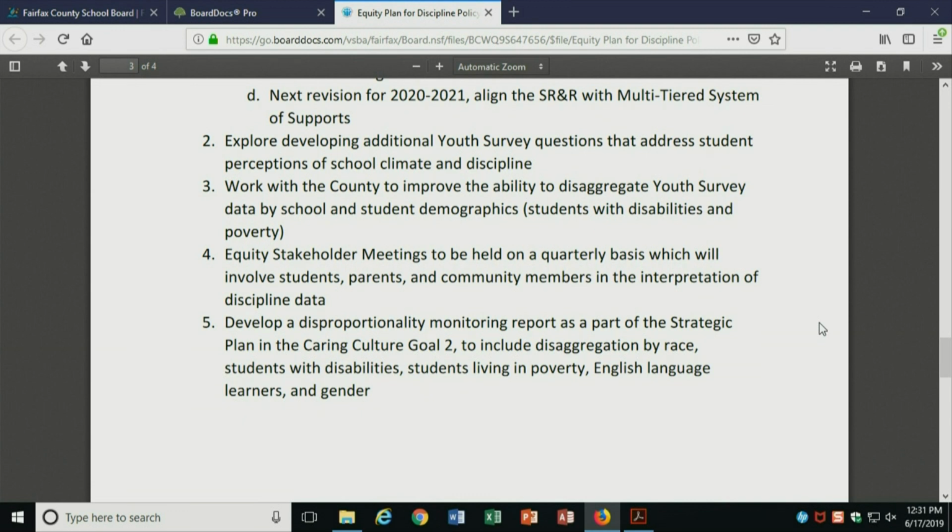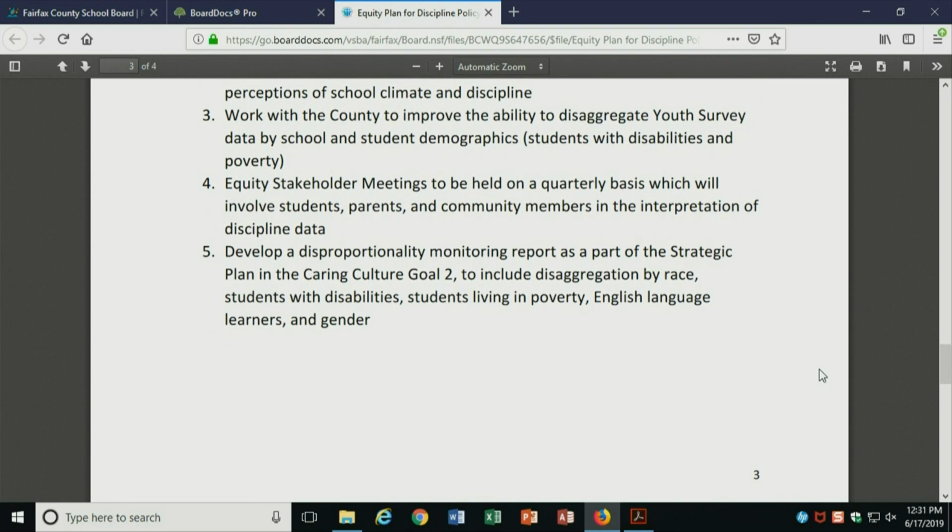Number 4, we have an equity stakeholder group that has begun to meet this year, and they've met quarterly. As you remember, last year when I came before the school board with our equity plan, we put in place the equity stakeholder group as a measure to make sure that the equity plan was being instituted, and that was asked by this board.